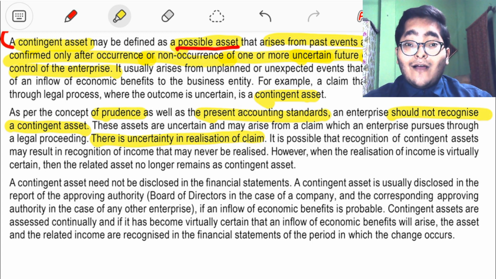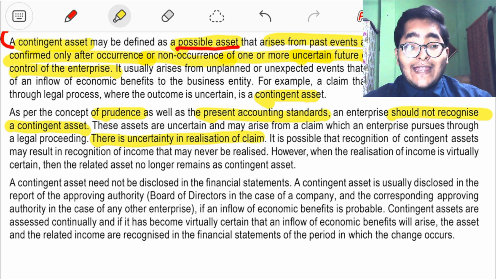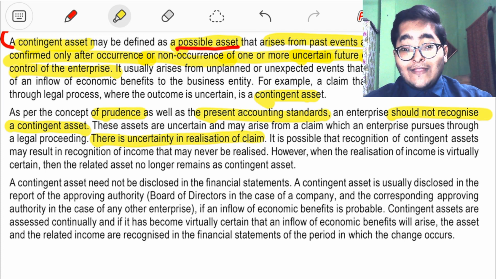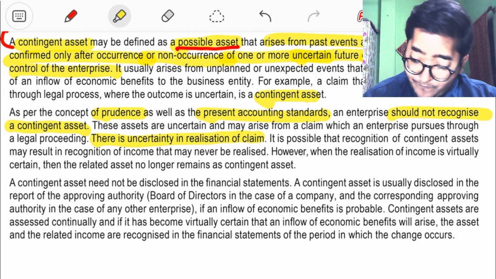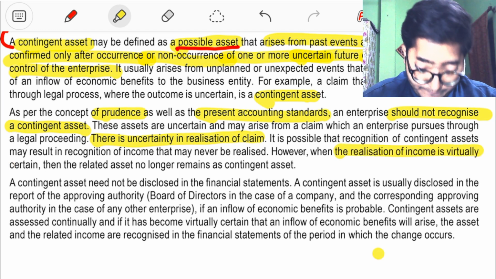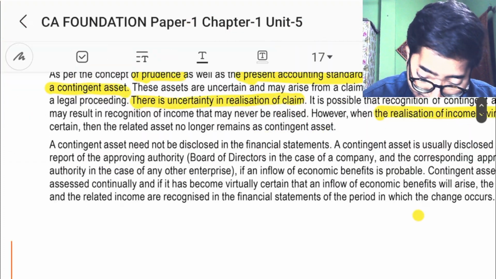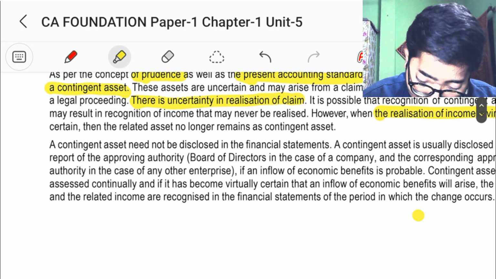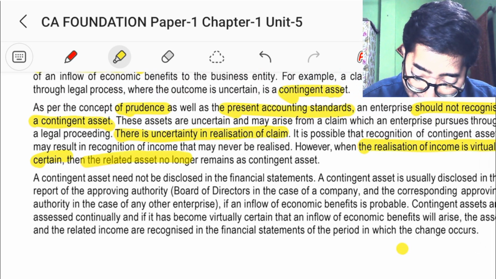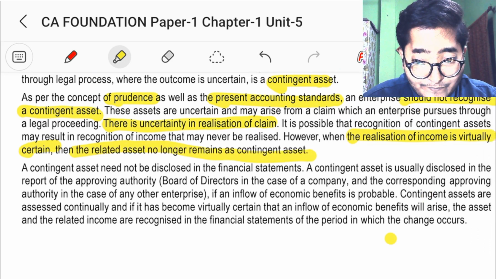When an income or revenue is certain to be earned, then it should not be called a contingent asset. That is why it says, however, when realization of income is virtually certain, then the related asset is no longer called a contingent asset.